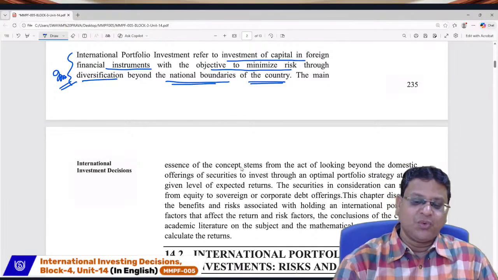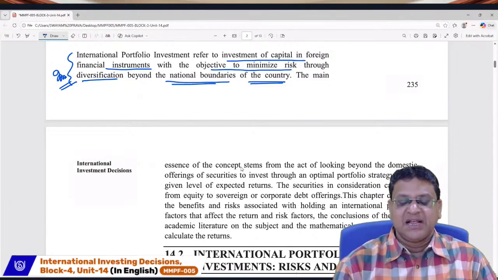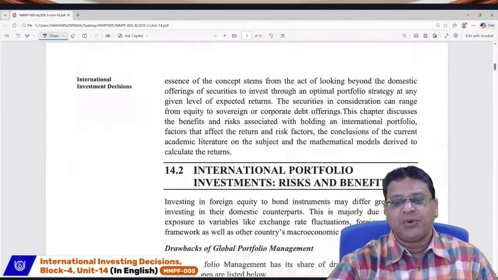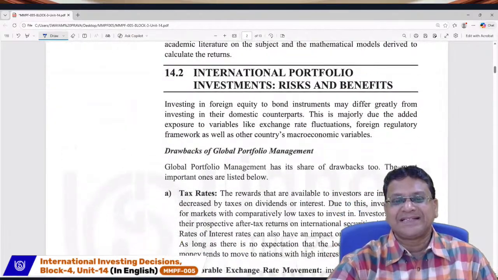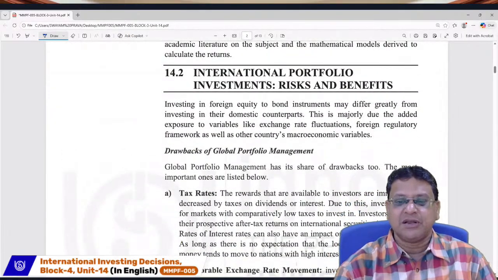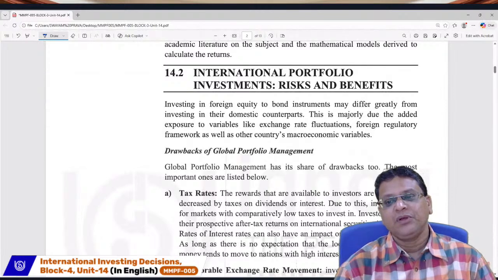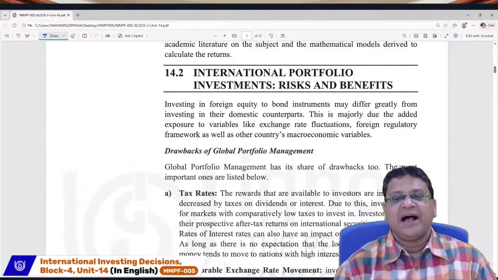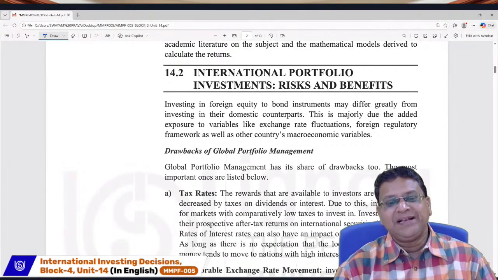Now we will discuss what are the benefits and risks associated with international portfolio investment. Friends, following are important risks associated with international portfolio investment. We know that international investments have certain inbuilt risks associated with them.